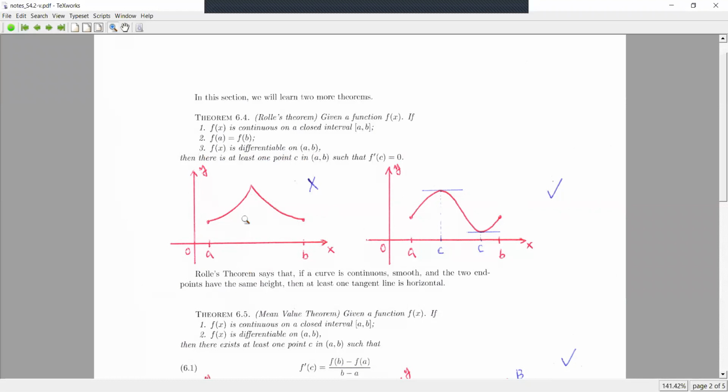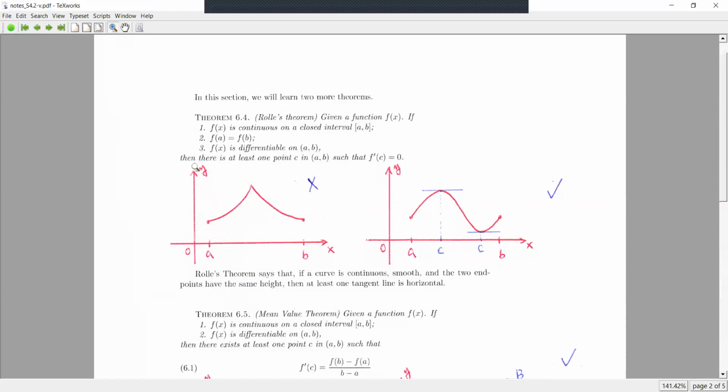So this curve doesn't satisfy condition number 3. How about this curve? This curve is smooth everywhere, no corner. So this curve is differentiable everywhere between A and B, and therefore satisfies condition number 3.